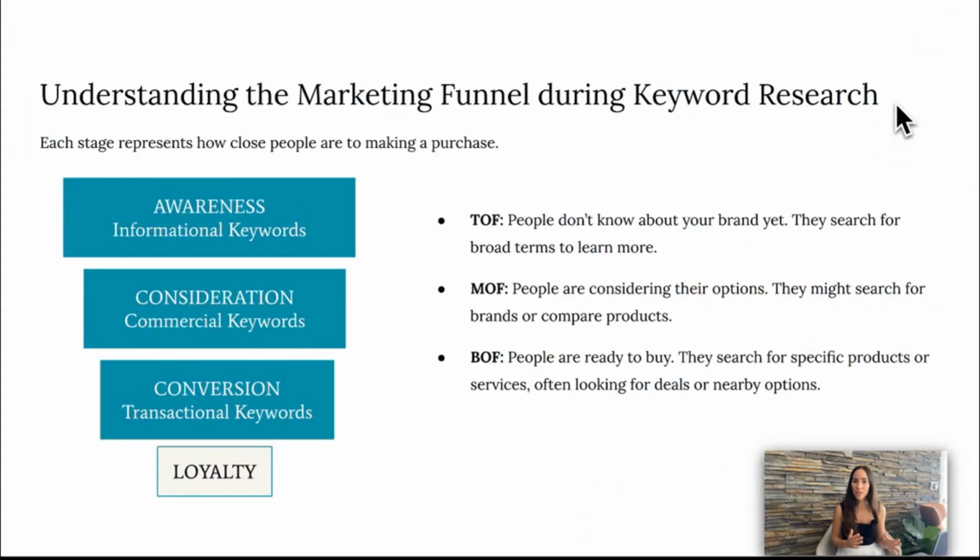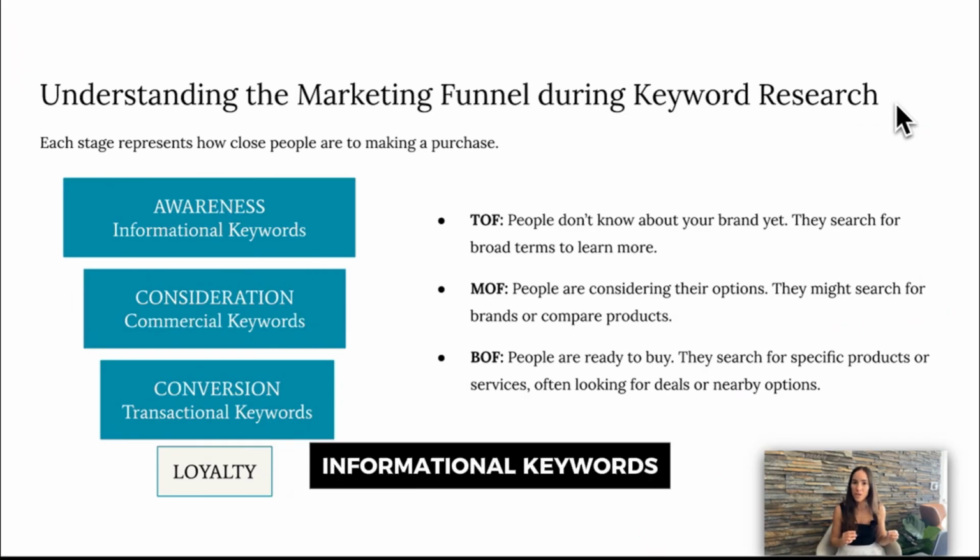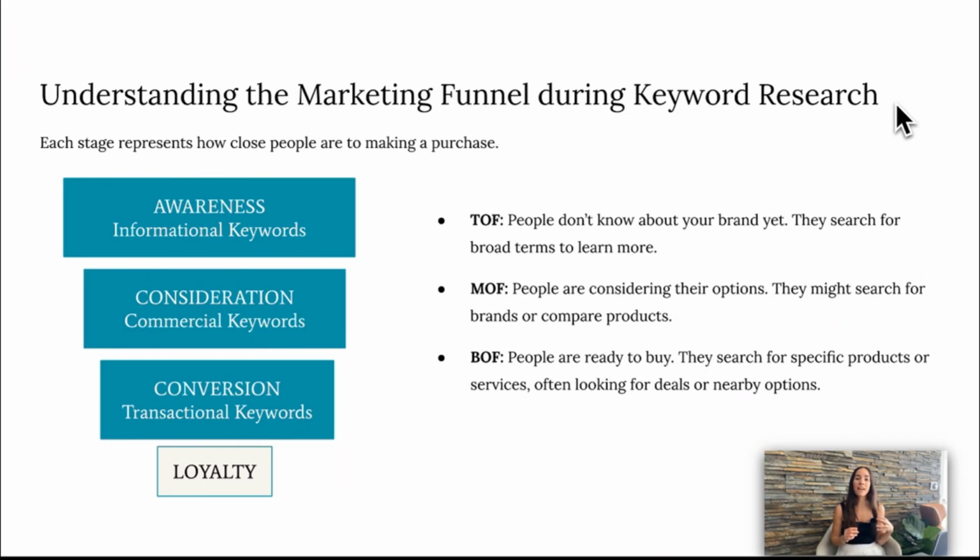Now, the first thing I want to focus on is the type of keywords that we can go after. There are different types of keywords. We have informational keywords, commercial keywords, and then transactional keywords. And that actually shows where the person is, in what area of the funnel they are. So someone that is looking just for information, they don't know about your brand yet, they're searching really for broad terms, they're trying to just learn more.